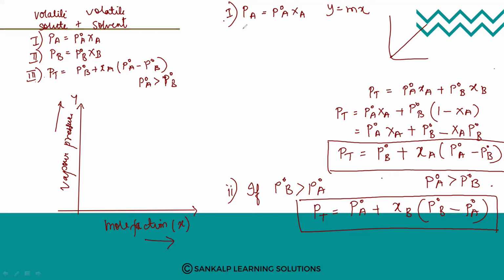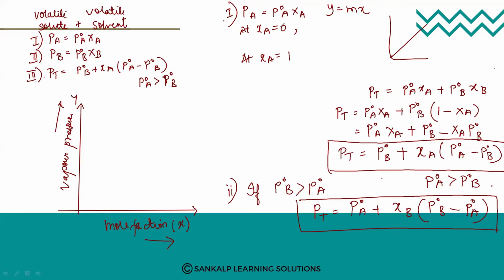Now, if I take conditions, chi of A equal to 0 and chi of A equal to 1, what will be the conditions? Put these values.